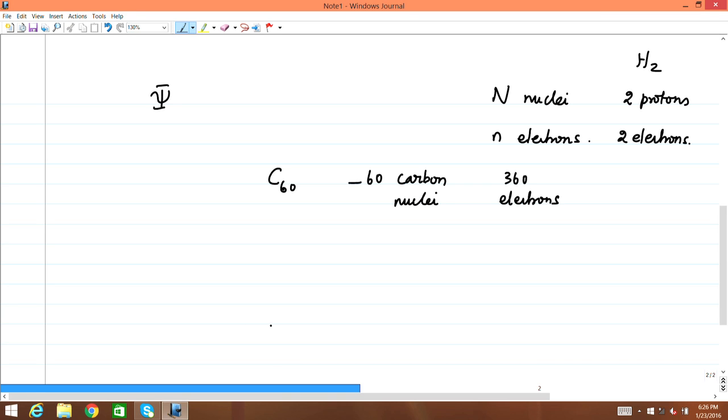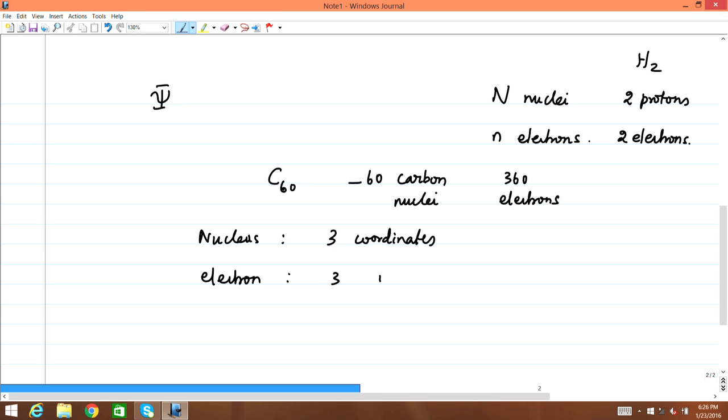Now, each nucleus in a 3-dimensional coordinate system has 3 coordinates, and so does each electron.